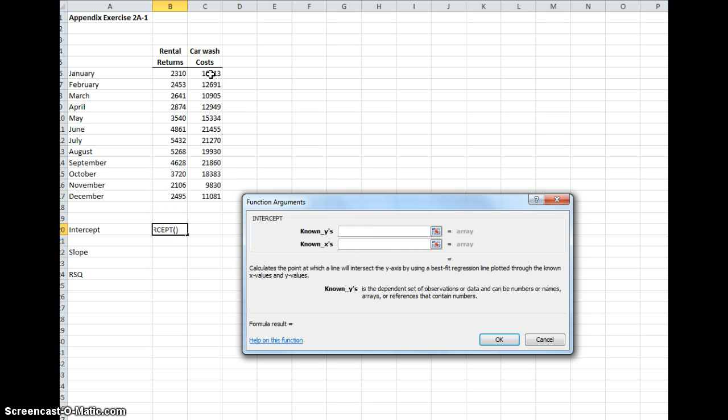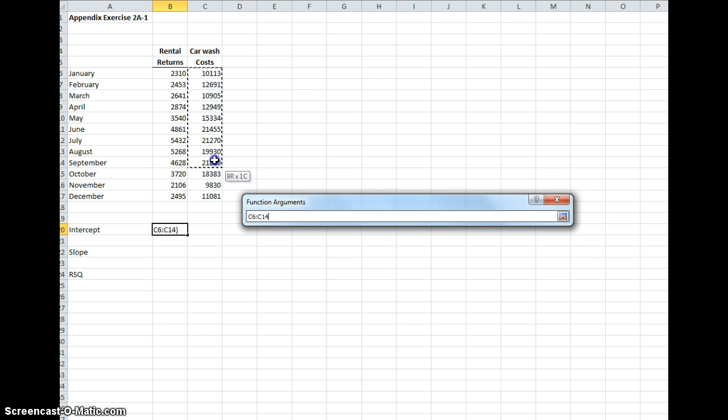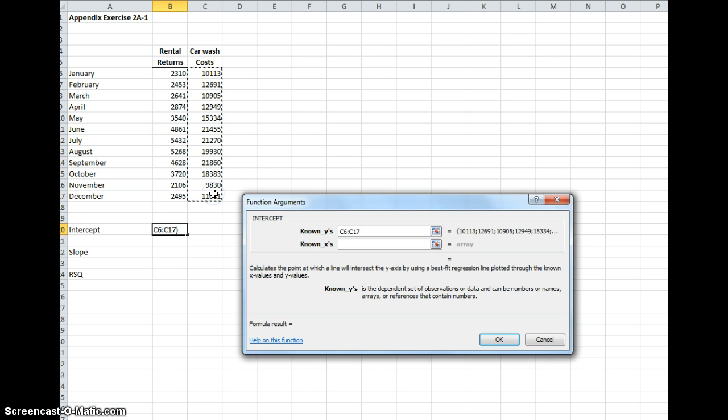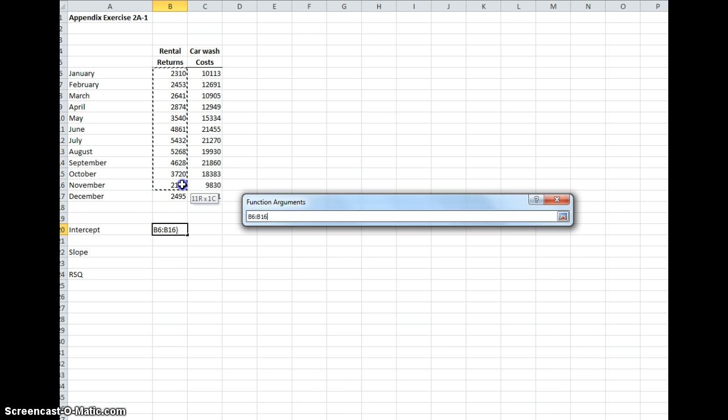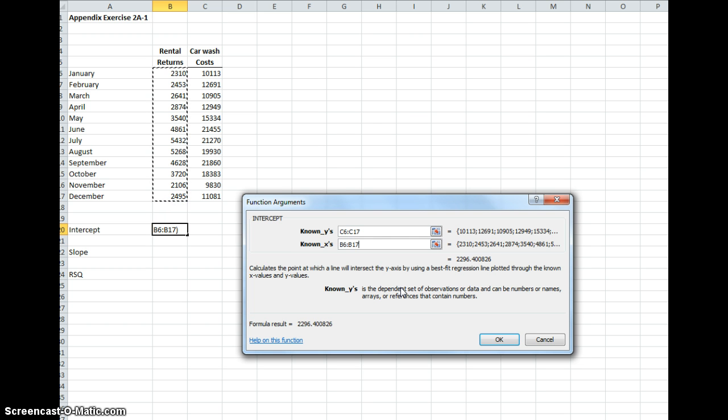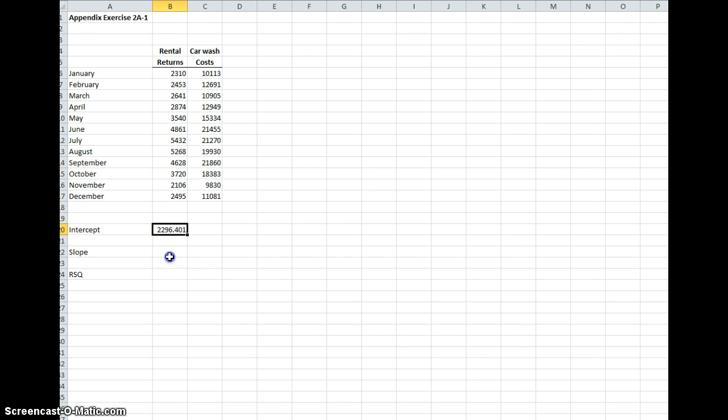Y is the dependent variable measured by car wash costs. X is the independent variable measured by the rental car returns. We highlight those items, select OK, and we have our total fixed cost of $2,296.40.